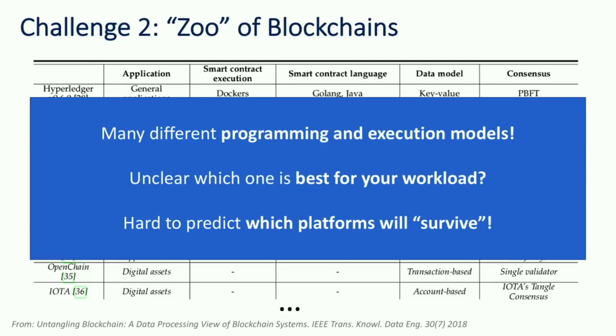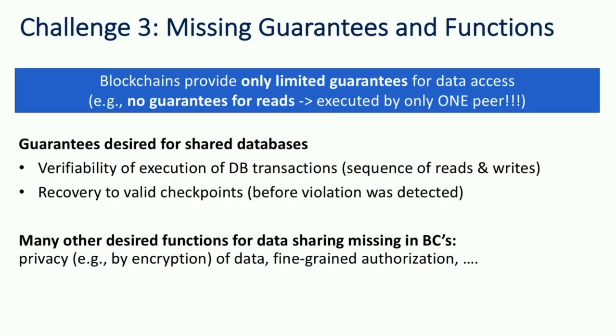In which can you implement the transaction logic that is needed for your use case? And even worse, because there's so much development going on, you don't know what is the best blockchain for your workload, and which ones will survive at the end, because there's so much movement in this sector, and people are trying to come up with optimizations, new platforms, and it's unclear which one you should build your shared database application on.